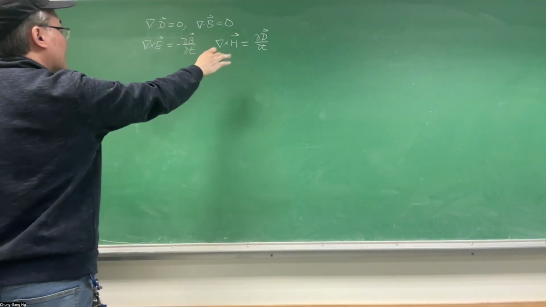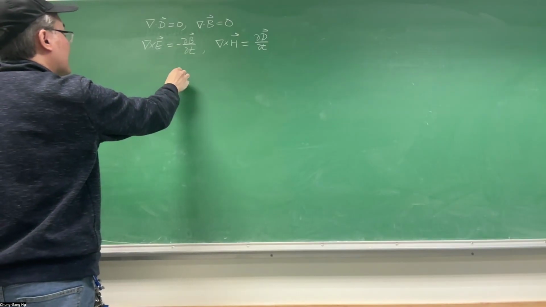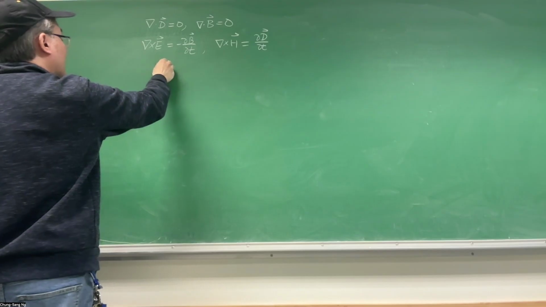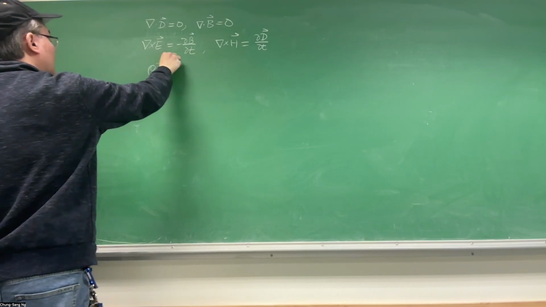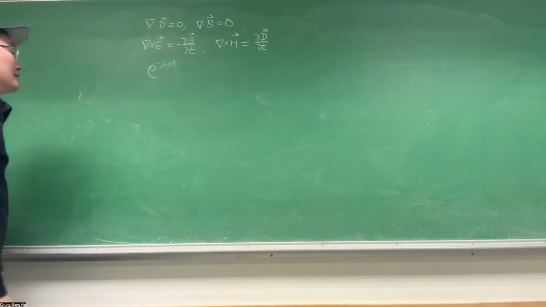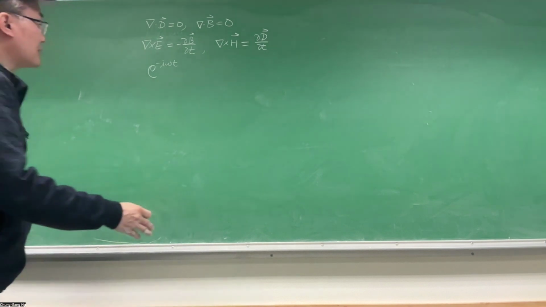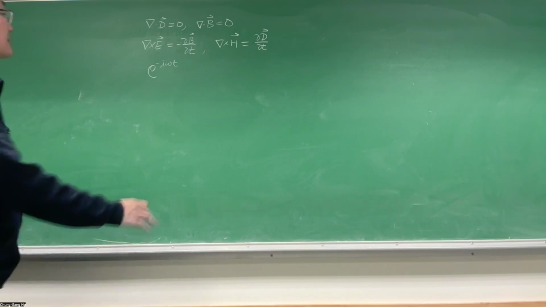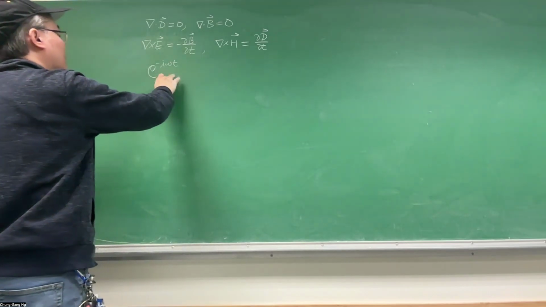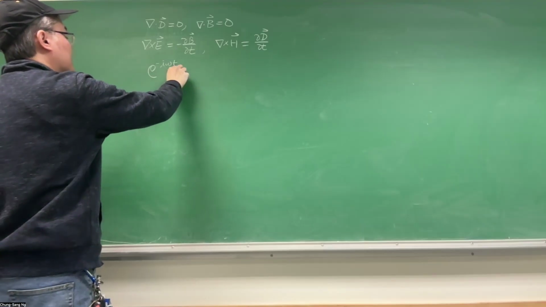And obviously you need the relationship between D and E and B and H. Now for a single frequency, everything depends on e to the minus i omega t. Later on, we'll actually go back to this partial t a little bit when we try to derive something. But when we derive the plane wave, we just assume this is for a single frequency omega.